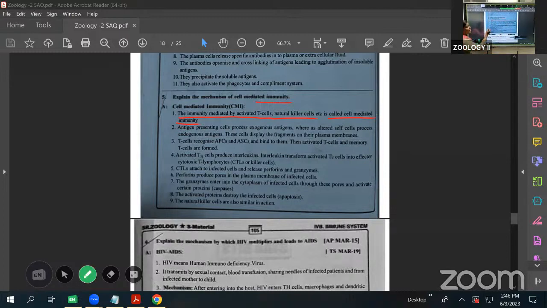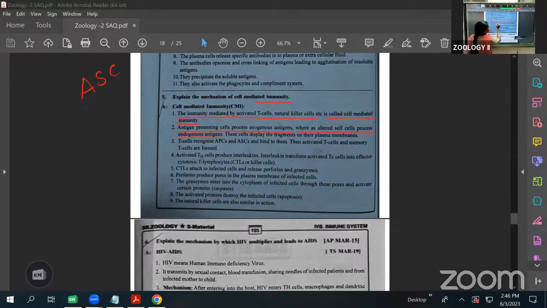Here, the antigen presenting cells process the exogenous antigen. For example, when cells are altered, they are formed as endogenous. Here, self-altered cells process endogenous antigens.